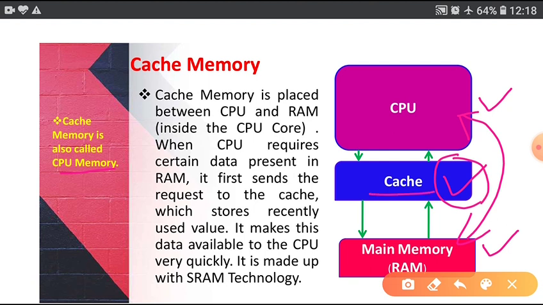Cache memory is placed between the CPU and RAM, inside the CPU core, not outside the CPU core.